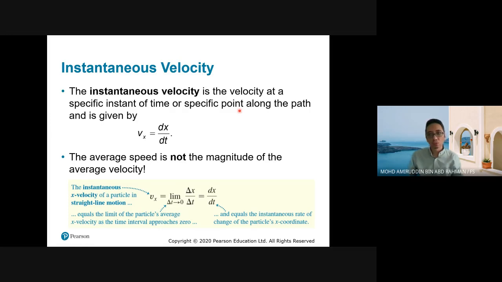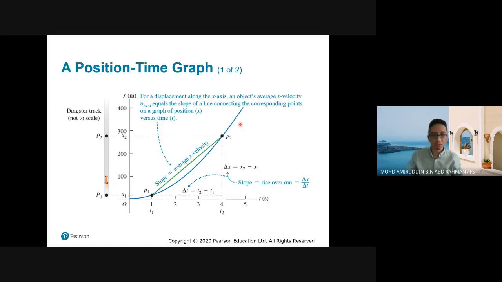Let's say for this graph before, we have P1, and then we have a P3 in the middle between P1 and P2. Let's say we are measuring at T2. Let's say our P2 is here.